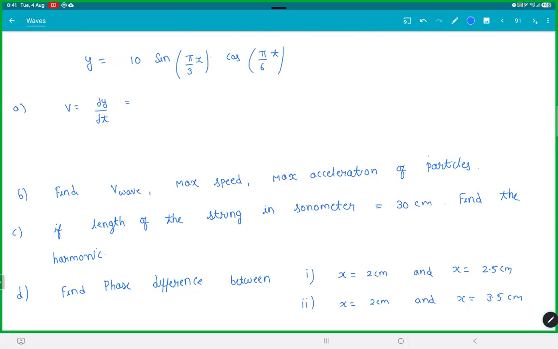When you do this, the x part will not change, so this will be 10 sin(pi by 3 x). This guy is constant. You differentiate the cos function here. That will be minus pi by 6 sin(pi by 60 t). You want acceleration, differentiate velocity again, dou v by dou t.